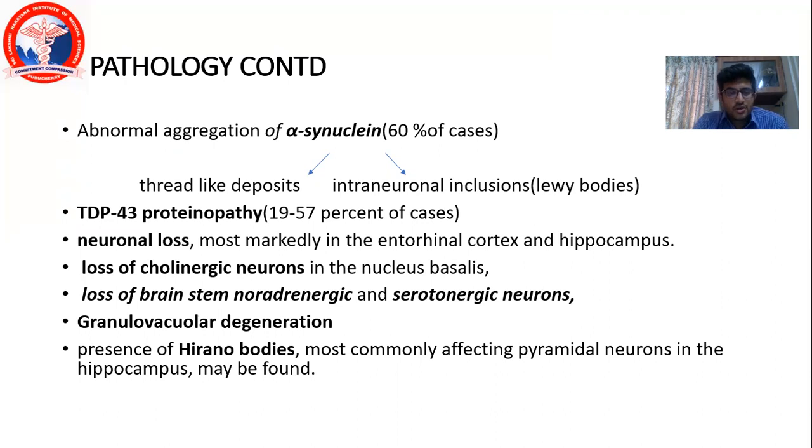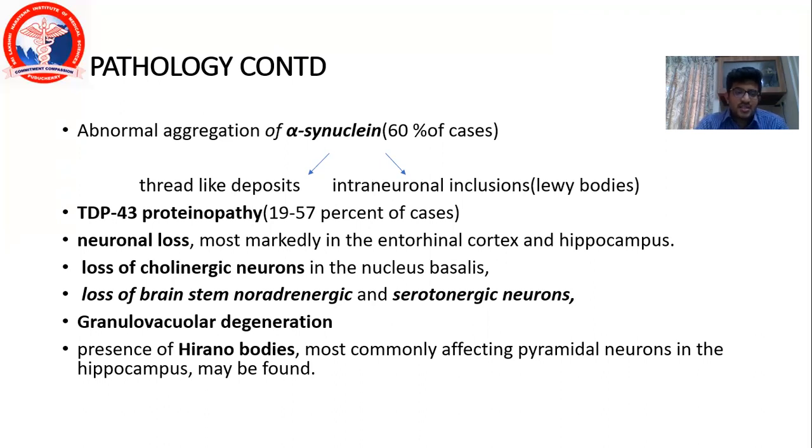And as we all know, there is a loss of cholinergic neurons in the nucleus basalis, which leads to symptoms like memory deficits and amnesia. There is also a loss of brainstem noradrenergic and serotonergic neurons.